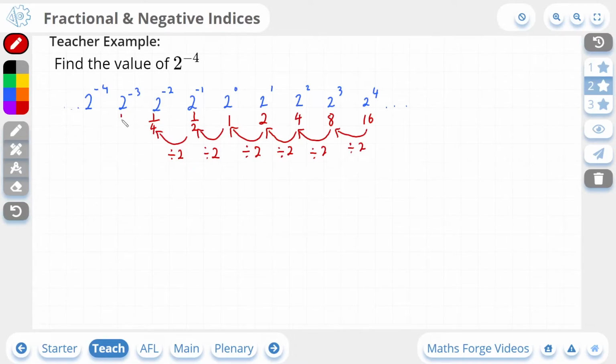And if we keep doing this, we end up with 1 over 8 and 1 over 16. You can see immediately the relationship here: the denominators for the negative powers are the same as the numerators for the positive powers. And so that's how we came up with a technique through pattern recognition that a negative power is the same as having your base number drop to the denominator and take the positive power. Because 2 to the power of 4 is the same as 16.